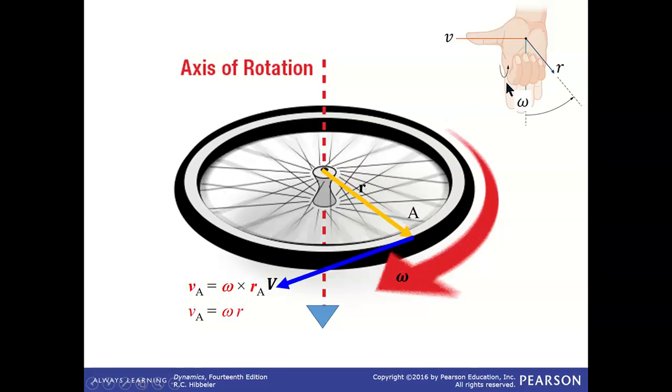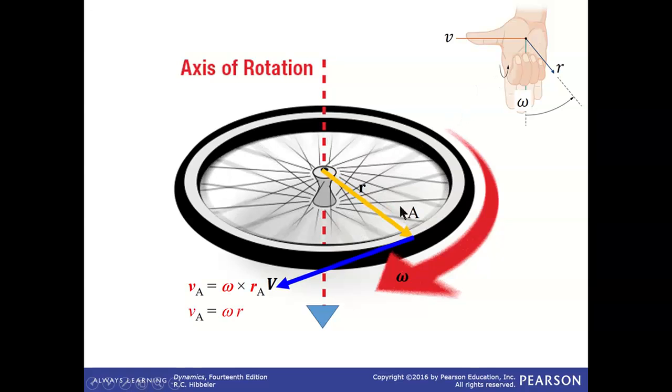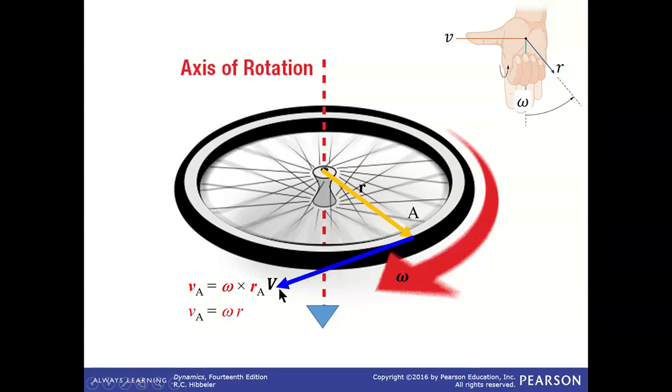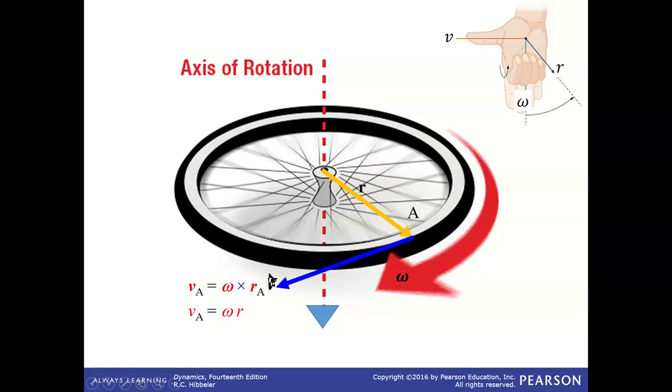As you bend your fingers from omega to r, twist your hand such that your palm remains perpendicular to vector r, then the open thumb gives the positive direction for the velocity. That's another use of the right hand rule to determine the direction of the output vector for a cross product.